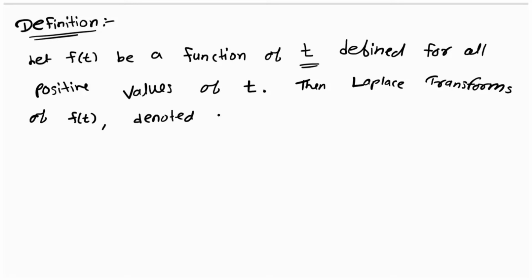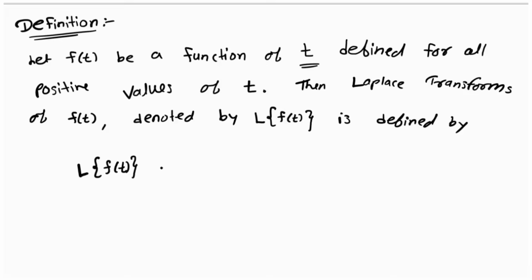is denoted by, here the notation to denote the Laplace transform of f of t is L curly bracket f of t, and is defined by: Laplace of f of t is equal to integration 0 to infinity e raised to the power minus st f of t dt.